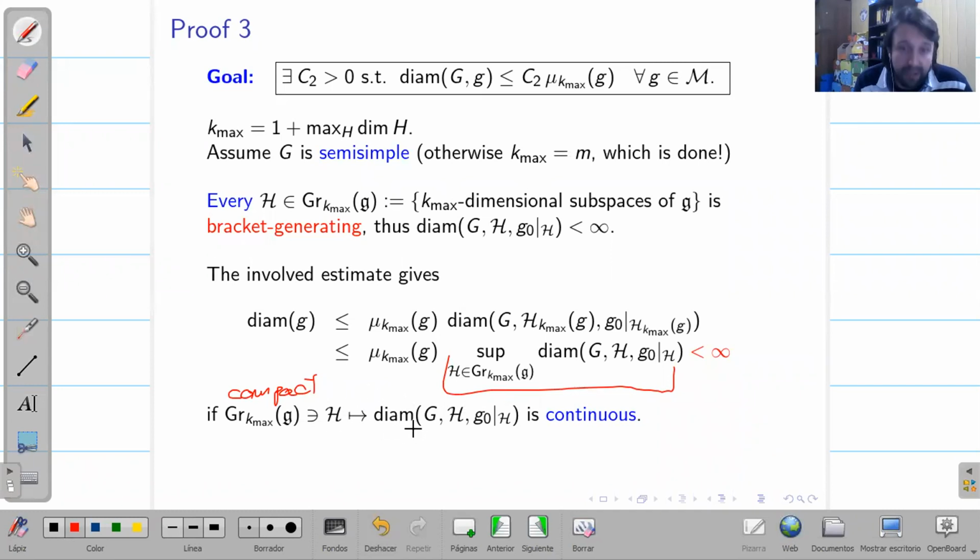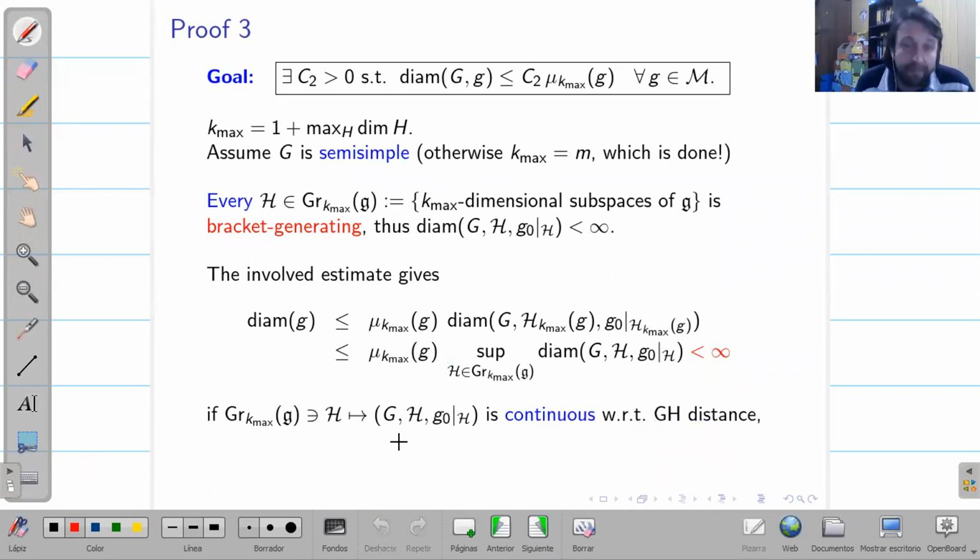Well, to prove that this is continuous, it is enough to prove that the following application, that assigns to a Kmax dimensional subspace its sub-Riemannian structure, not the diameter, is continuous with respect to the Gromov-Hausdorff distance. Why is that? Because the diameter is already, it is very well known, continuous with respect to this topology, right? So it is enough to prove this.